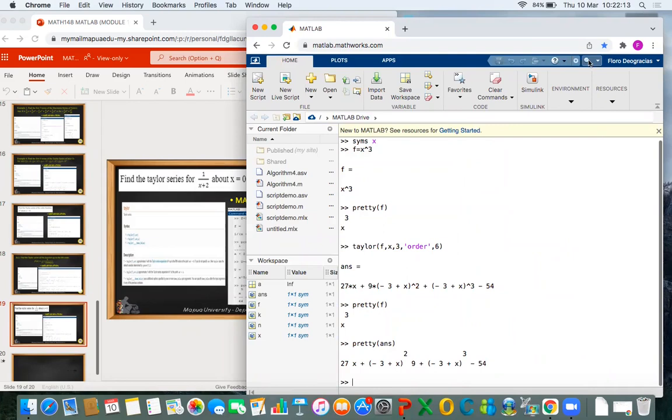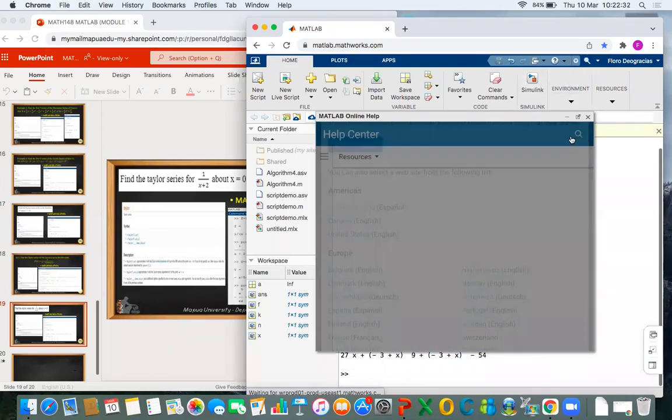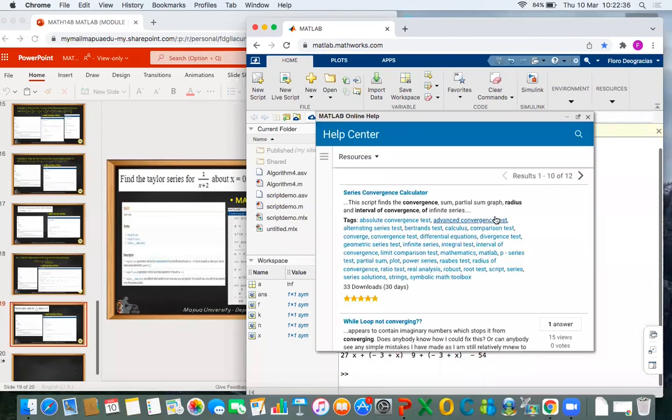Okay? So just click this magnifying glass, and radius and interval of convergence. So let us wait for a while. So this one, class, there is a series convergence calculator, but then, class, you need to download.